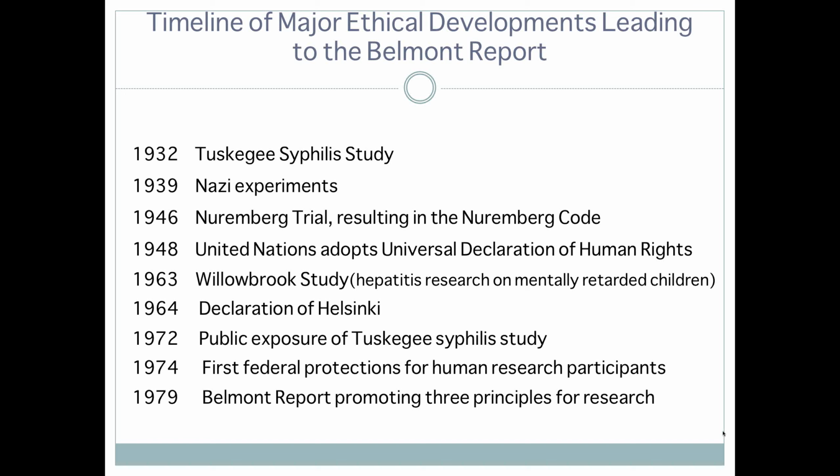So the study that started in '32, 40 years later, first is exposed in 1972. In 1974, 2 years after that public exposure, we have the first federal protection for human research participants. And then in '79, the Belmont Report promoting the principles for research with human subjects.